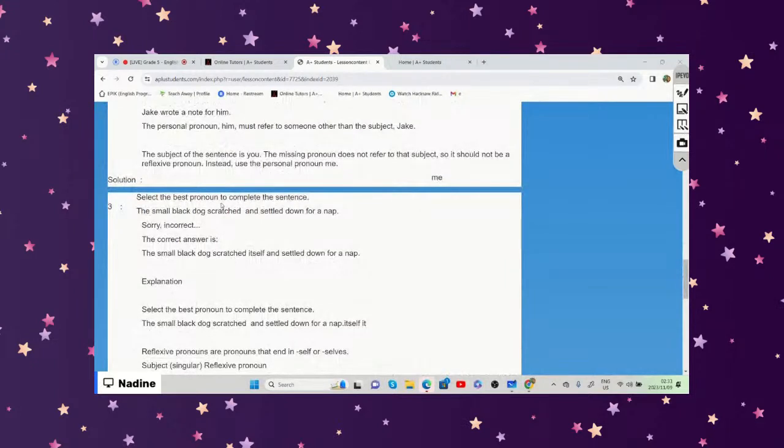We need to select the best pronoun to complete the sentence. The small black dog scratched and settled down for a nap.